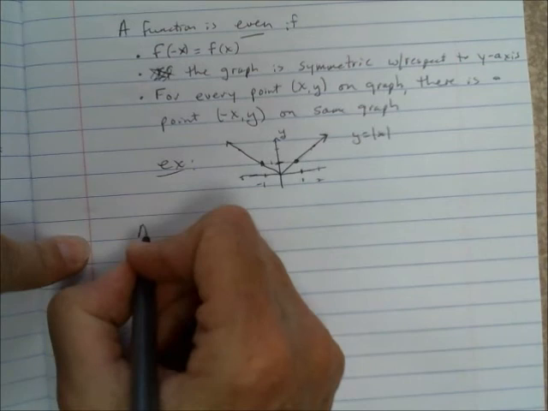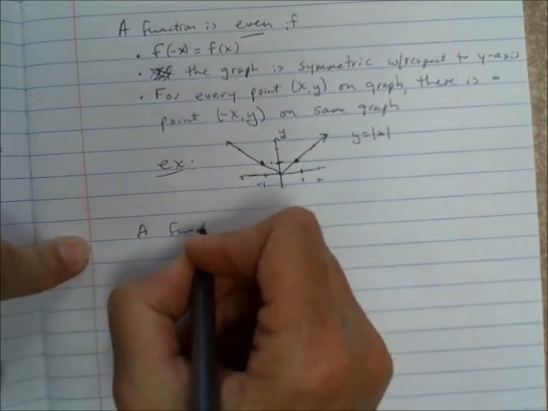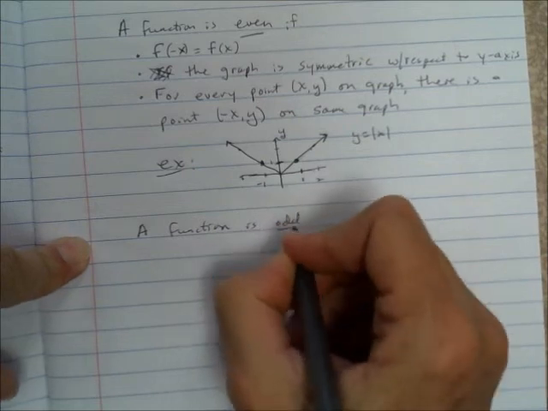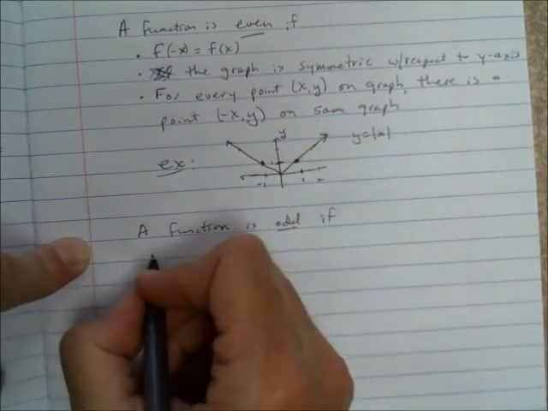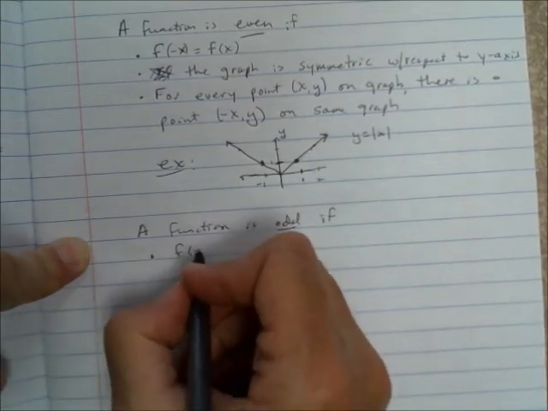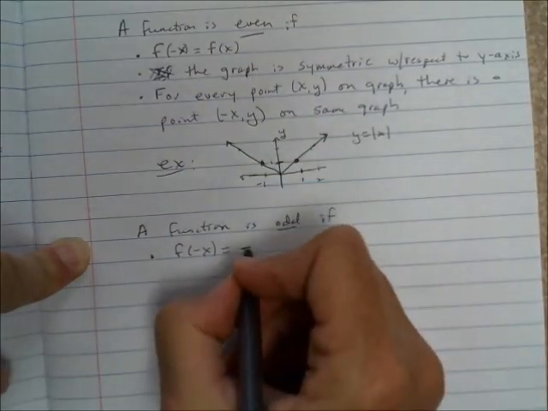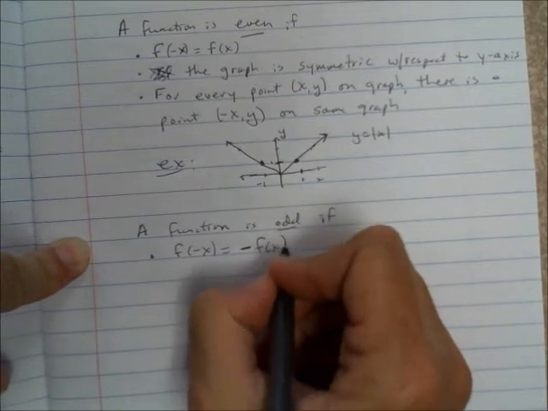Next one is odd. A function is odd if, first of all, when you do f of negative x like you did up here, it's not equal to f of x, it's equal to the negative f of x.